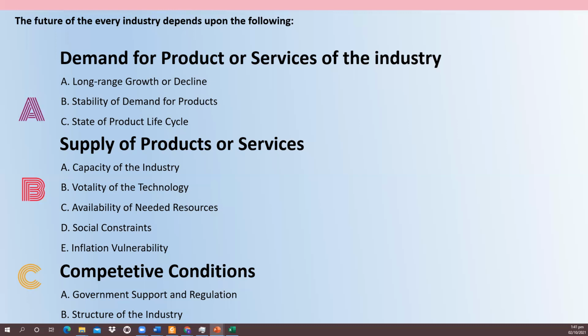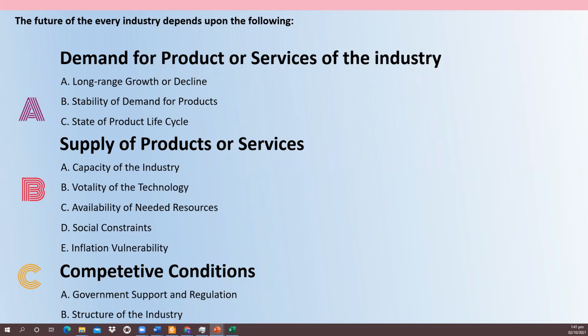So we have the capacity of industry, yung capacity ng industry na ma-supply or ma-produce yung product na yun. Sobrang high-tech nun, kaya bang i-produce? Vitality of the technology, and then availability of needed resources. For the needed resources, this can be labor or capital, like raw materials and equipment.